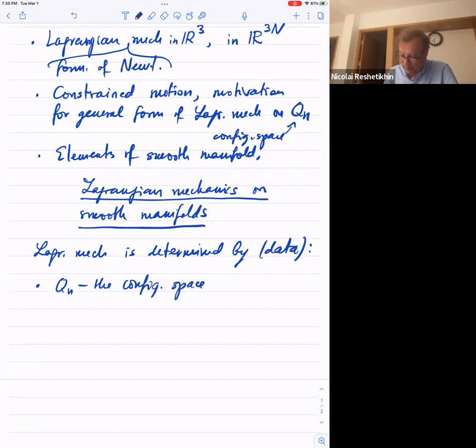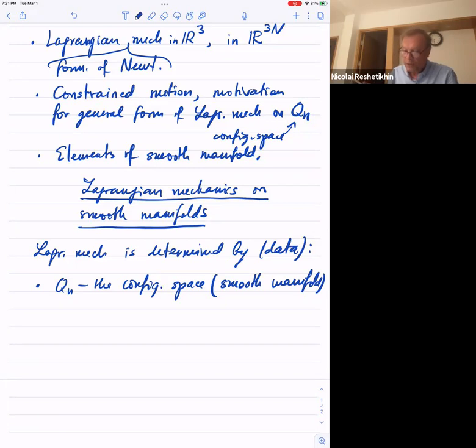In mechanics, it's typically a smooth manifold. It's possible not to have some kind of singularities, but let's not talk about this. So configuration space just means that the system is moving along in this configuration space.